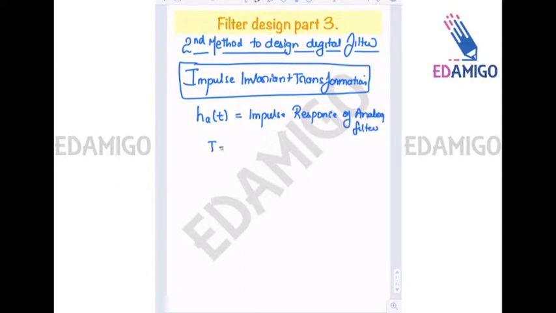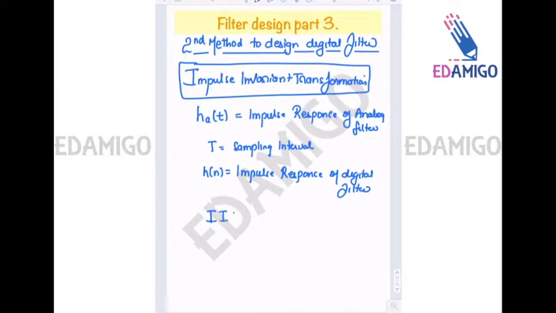T is the sampling interval, and h(n) is the impulse response of the digital filter.